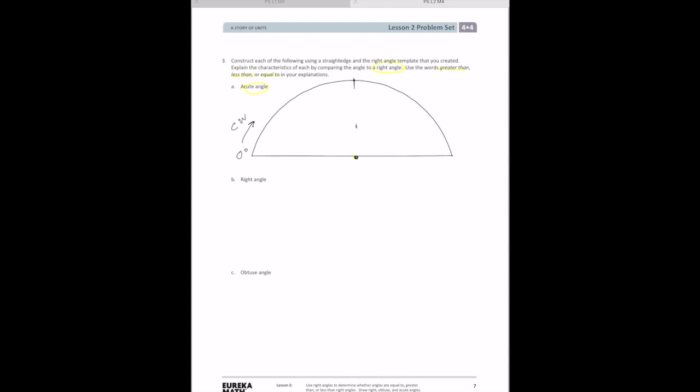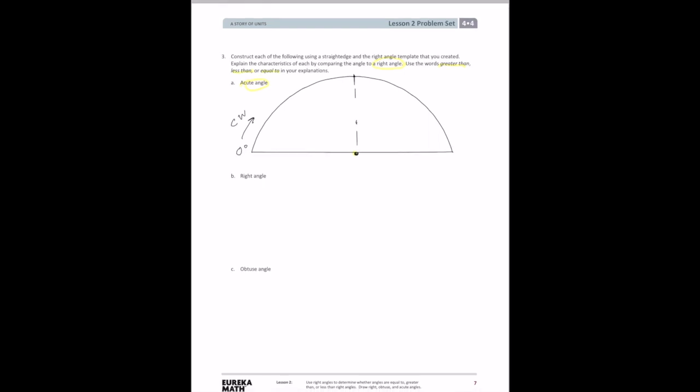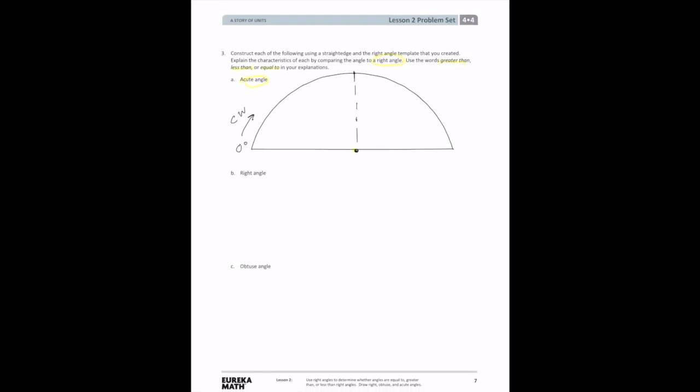Okay, so this is our 90-degree reference point right there. So we can label that as 90 degrees right here. So this angle is basically right here between these 2 points. If we said we measured it, that would be 90 degrees, right?